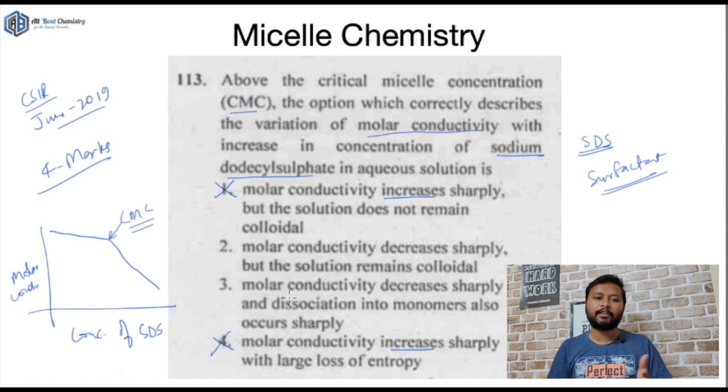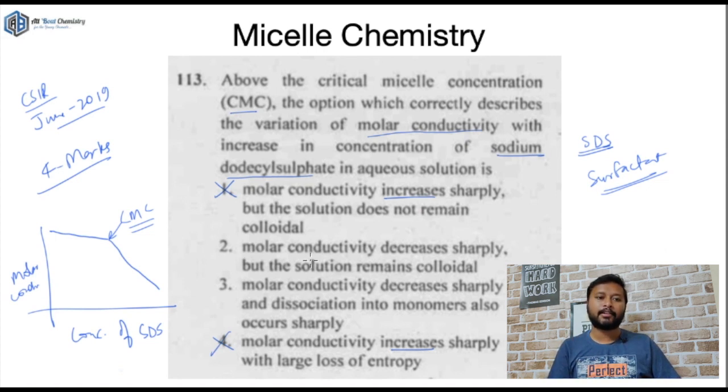Talking about the third one, it says molar conductivity decreases. Fine. And second also says molar conductivity decreases sharply. Fine. Both of them are saying the same thing about the molar conductivity. Now we'll talk about how the solution becomes. After the critical micellar concentration, I have already explained that the ions come closer, they associate, and they form a colloid, right?